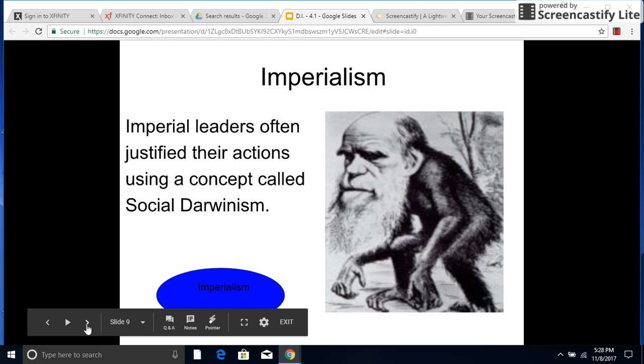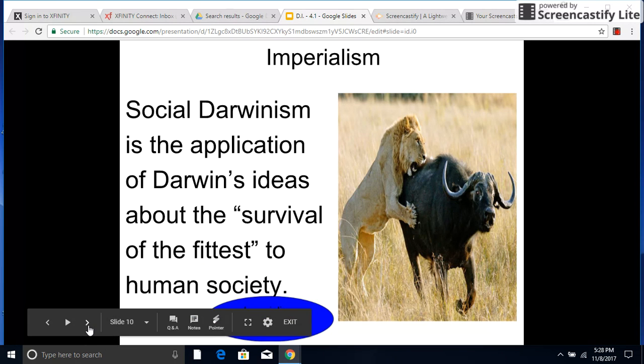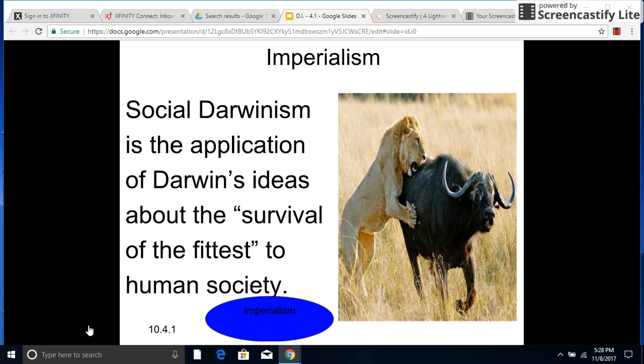Imperial leaders often justified their actions using a concept called social Darwinism. And this is supposed to be kind of a funny cartoon with the face of Charles Darwin on an ape. We'll talk more about that later. Social Darwinism is the application of Darwin's ideas about, quote, survival of the fittest, end quote, to human society.